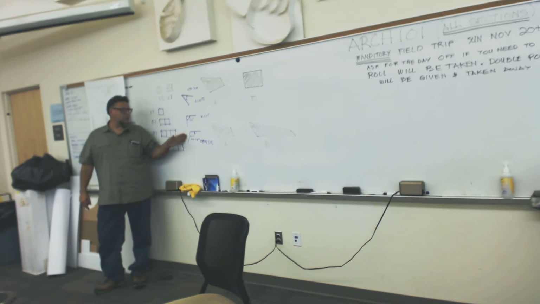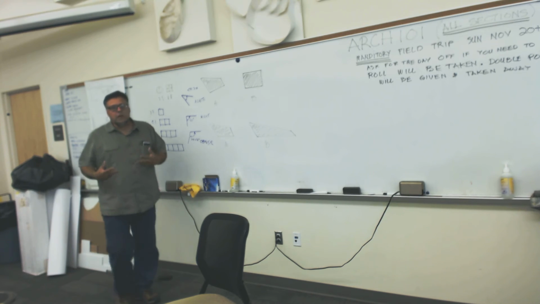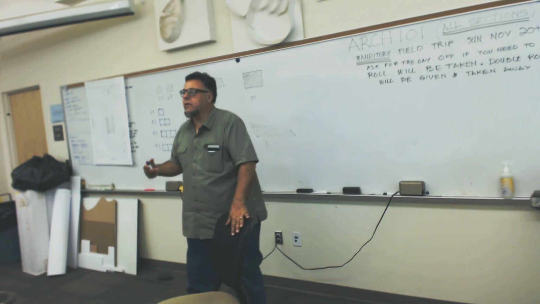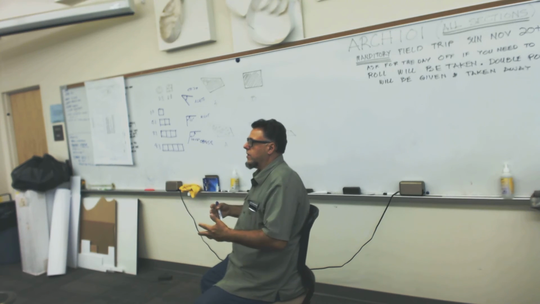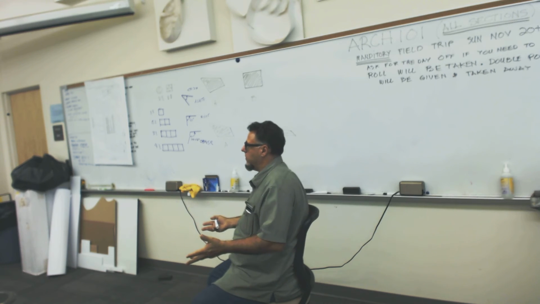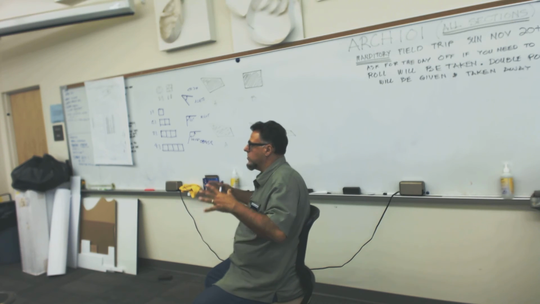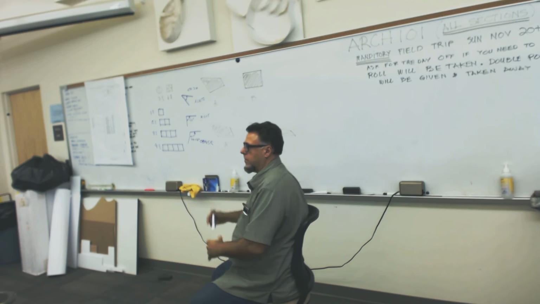So then this one might give less of an appearance of dynamicity than this one. The reason I'm bringing all this up is that very often, as you're designing something, you have to use an idea of the character of the object to communicate something about what you're designing.